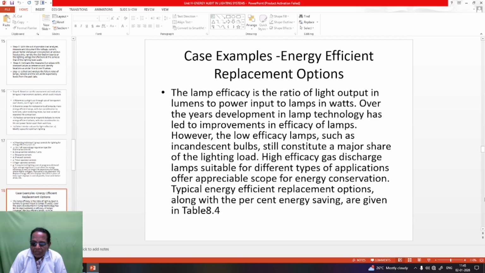However, low efficiency lamps such as incandescent bulbs still constitute a major share of the lighting load. High efficiency gas discharge lamps suitable for different types of applications offer appreciable scope for energy conservation. The typical energy efficient replacement options are given along with the percent energy saving.